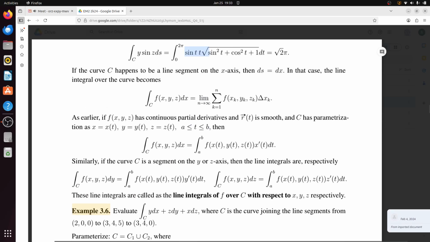So now there is another problem. You need to integrate over C of y dx plus z dy plus x dz, and you need to integrate it over the given path.